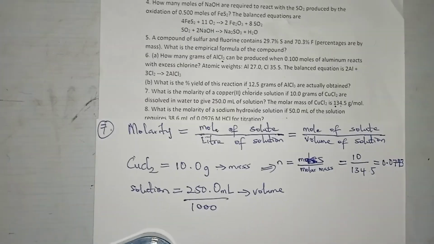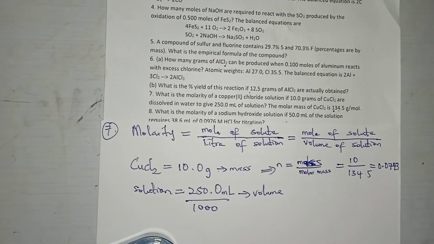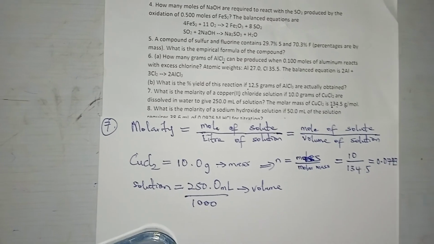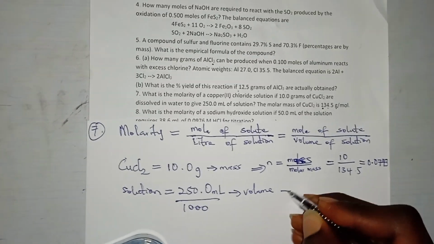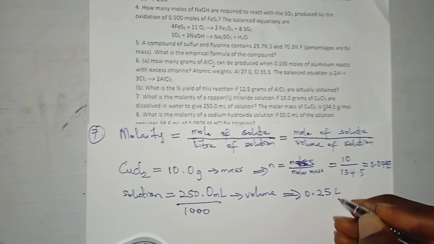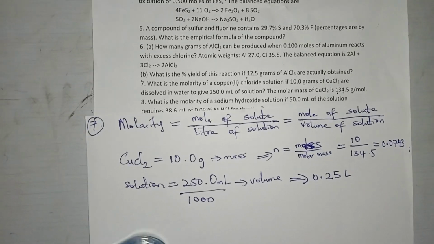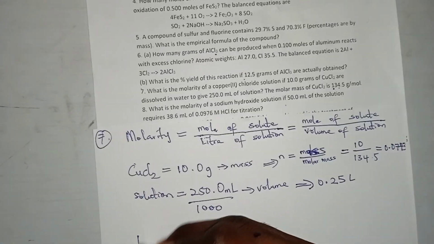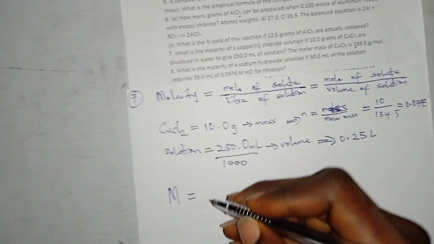Now, if I do 250 divided by 1000, I get this to be 0.25 liter. Now that I've gotten this, let's now plug this into our formula.